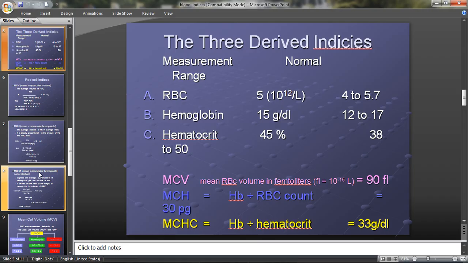The mean corpuscular hemoglobin is 30 picogram. Mean corpuscular hemoglobin concentration is 33 grams per deciliter. Don't forget to remember the units. Again, mean corpuscular volume in femtoliters, mean corpuscular hemoglobin 30 picograms, mean corpuscular hemoglobin concentration 33 grams per deciliter.